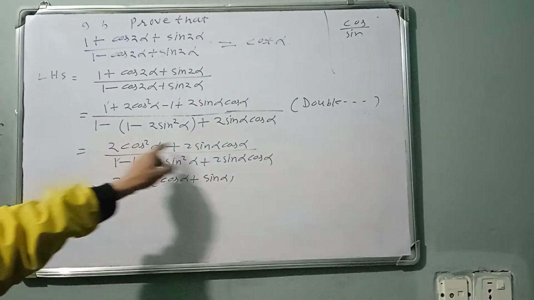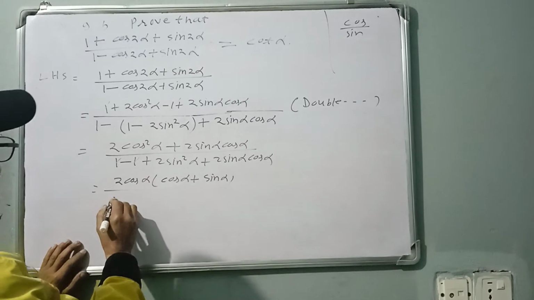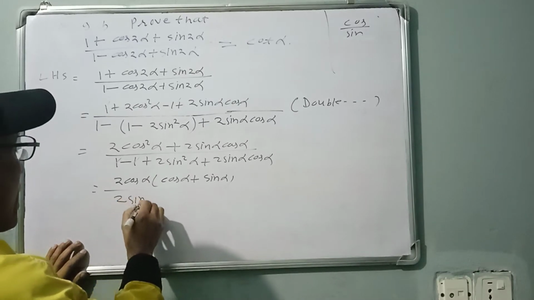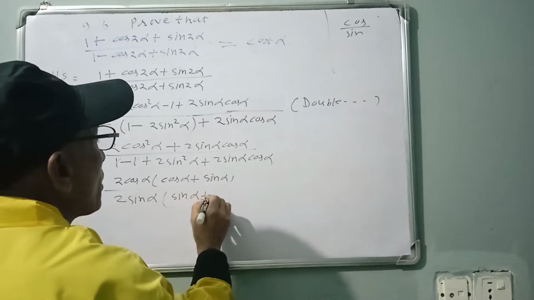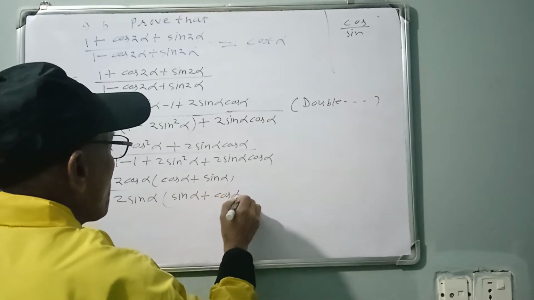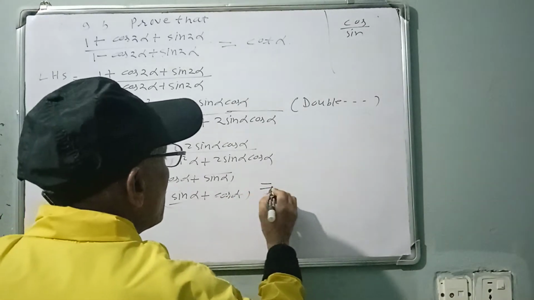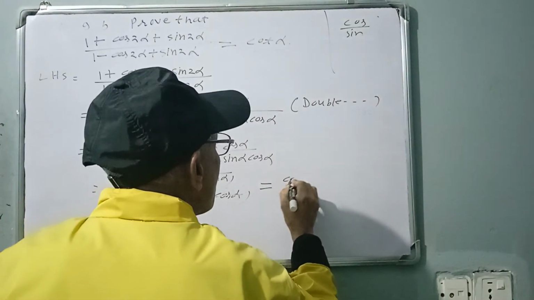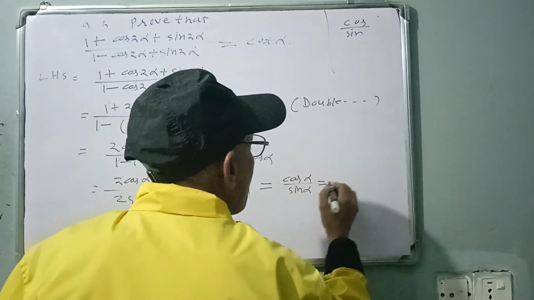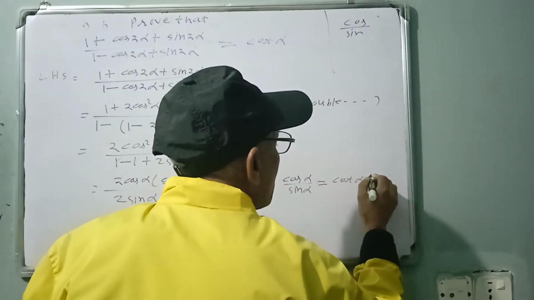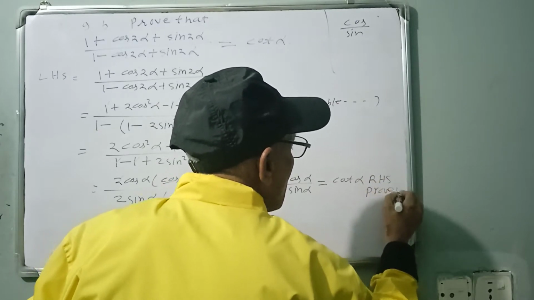And in the denominator, 2 sin alpha common, sin alpha plus cos alpha is remaining. Then what is left? Cos alpha by sin alpha is left. And that is cot alpha, RHS, proved.